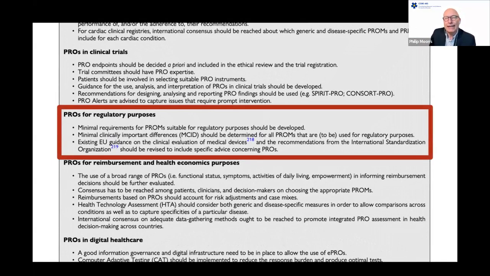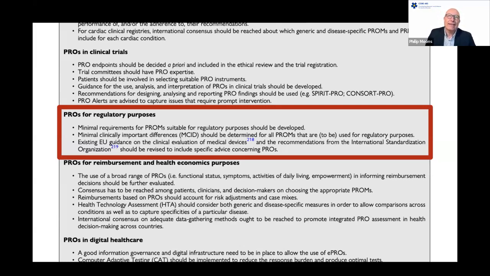The task force thought it was important that minimal requirements for PROM suitability for regulatory purposes should be developed. And this is very much in line with what CORE-MD is all about. Minimal clinically important differences should be determined for all the PROMs that are used for regulatory purposes. And that is a challenging thing.